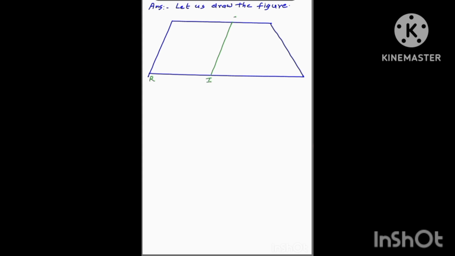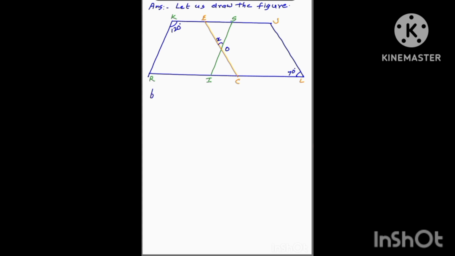And another parallelogram is CLUE, the orange one. This is the angle given in CLUE, 70, and this is 120 in RISK. So this is the x.